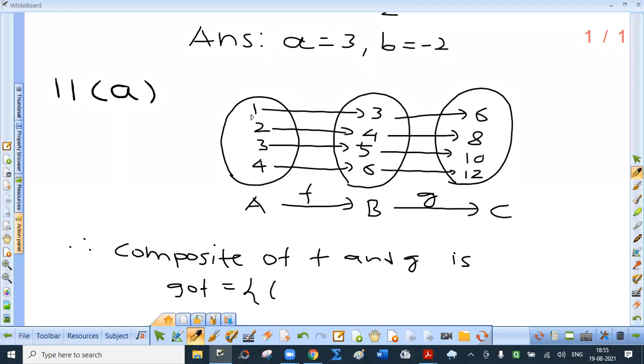Not directly, but 1 is associated with 3, which in turn is associated with 6. Simple. 1 to 6, then 2 to 8, 3 to 10, then 4 to 12. Okay, that's it.